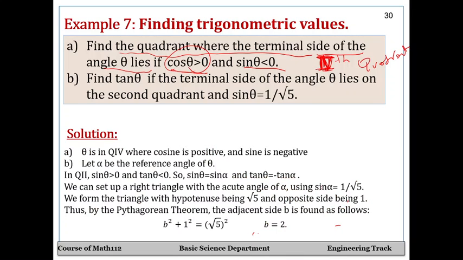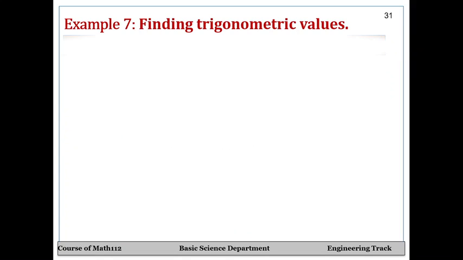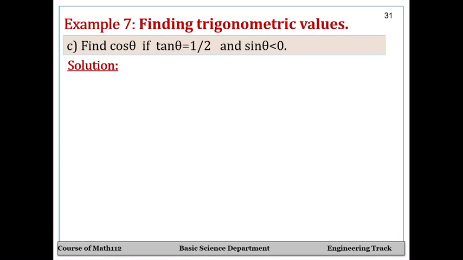Okay, so let's see how it is done here. I used X here. It says B. Okay, this is another one. Let's do it. Cosine theta, if tangent theta is 1 over 2 and sine theta is less than 0.